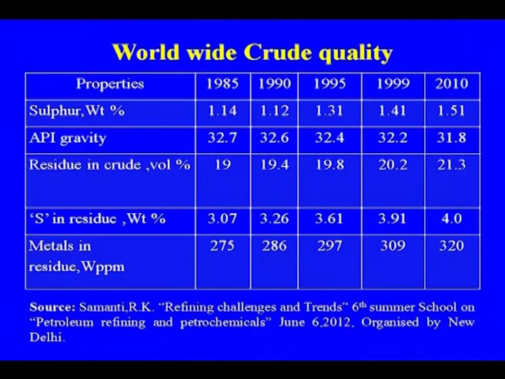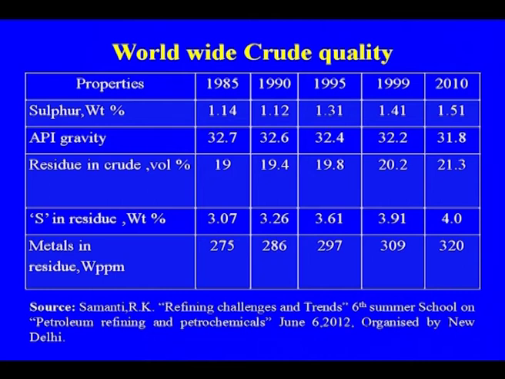This is the overall crude oil quality, and if you see the sulfur, from 1.14, the crude oil is becoming more and more sour, because now the supply is more sour crude than sweet crude. Similarly, for API gravity there is not much variation, but changes are there in some places.